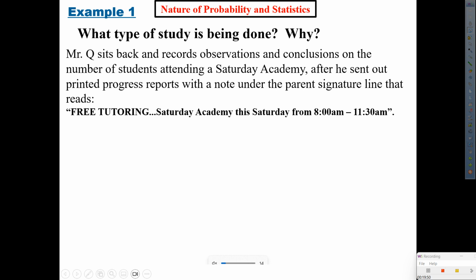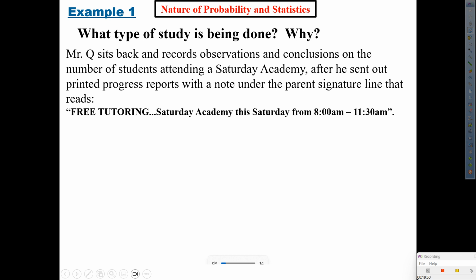Mr. Q sits back and records observations and conclusions on the number of students attending a Saturday academy after he sent out a printed progress report with a note under the parent signature line that reads, free tutoring, Saturday Academy this Saturday from 8 through 11:30 a.m. Think about it. Printed progress report with your grade. And then on the signature line underneath, I write free tutoring this Saturday.